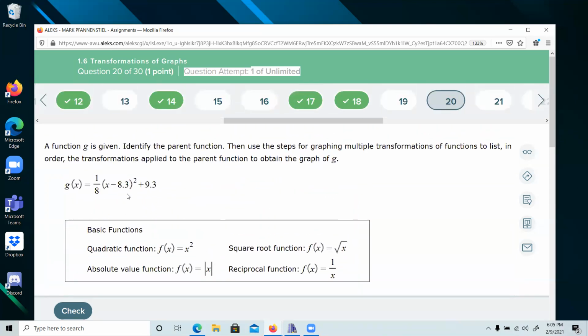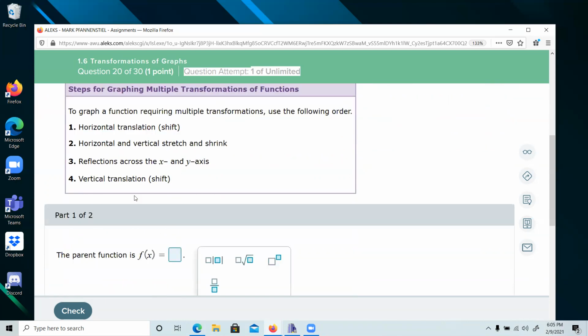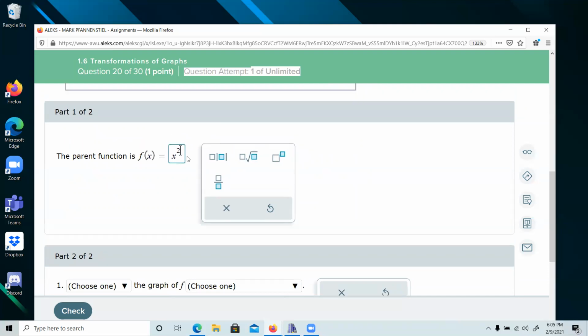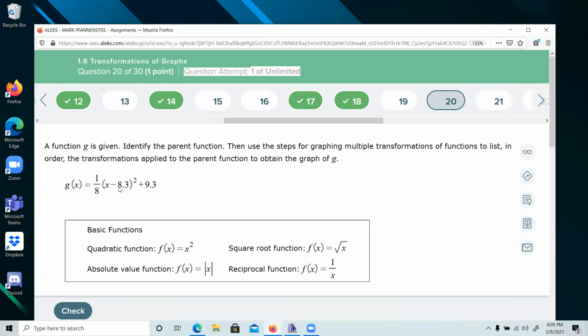Here we've got a horizontal translation. We've got 8.3 to the right. So the parent function, that's just x squared. How do you know it's x squared? What other parent function would fit? Something times x minus blah squared and then a vertical shift tacked onto the end.